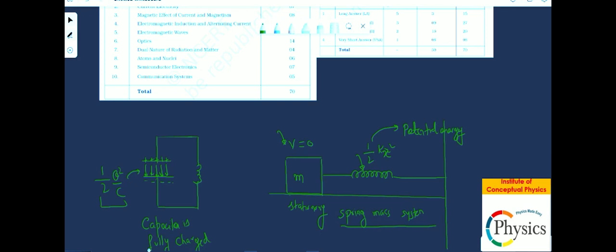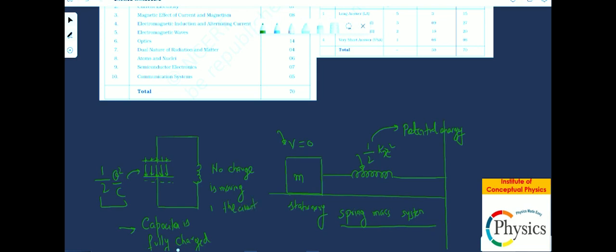Similarly, in the diagram on the left hand side, which is the capacitor that is fully charged, no charge is moving or flowing in the circuit, right?